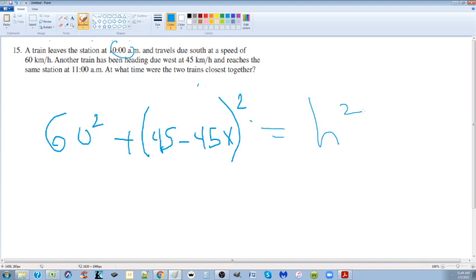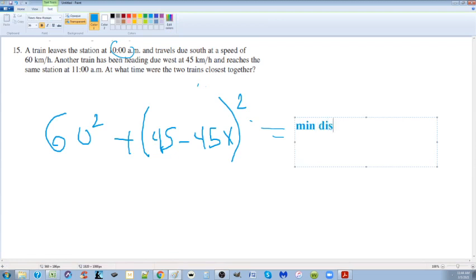Now, I don't know if I have to rejig it, or if I just count this hypotenuse square as the min. I believe this is just going to be the min distance.